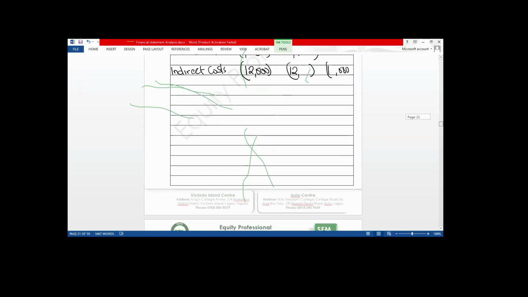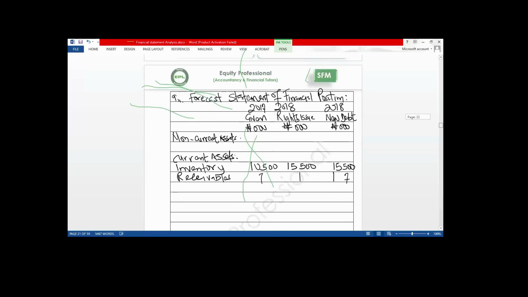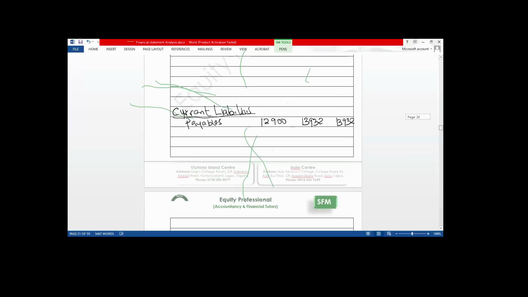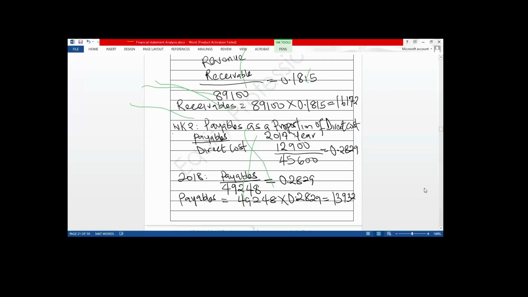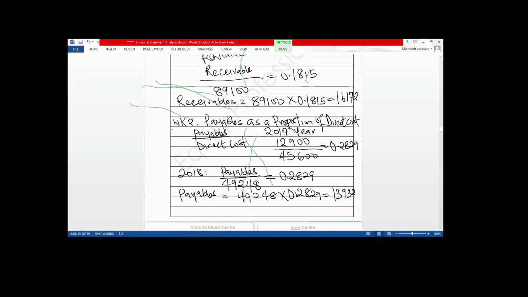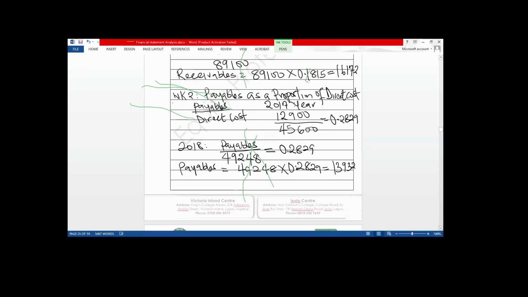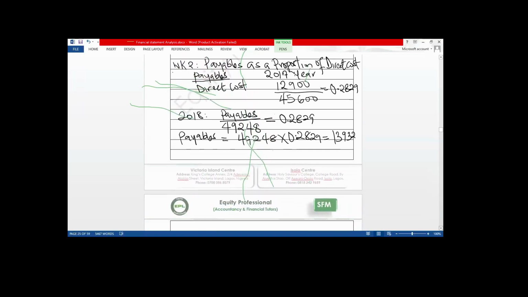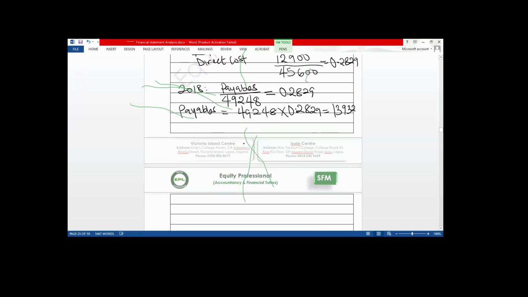Let us go and treat this. That will take us to working 3.